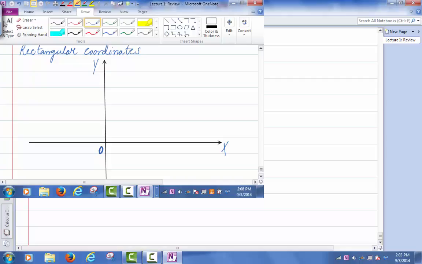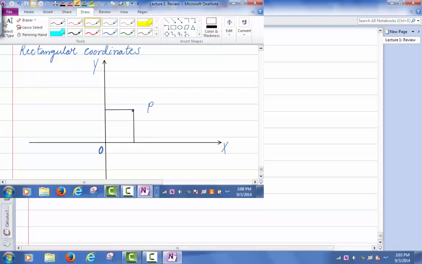So if I take a point, let's say I take this point here, and let me call that point P. What are the rectangular coordinates of P? Well, I look at the distance of P from the axes. So here's one distance.